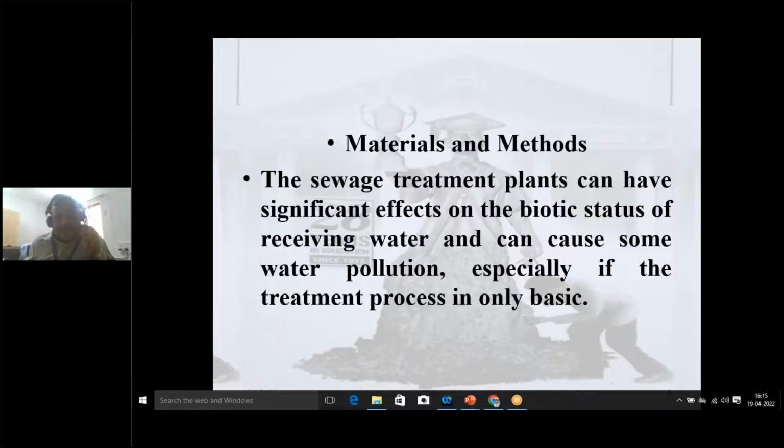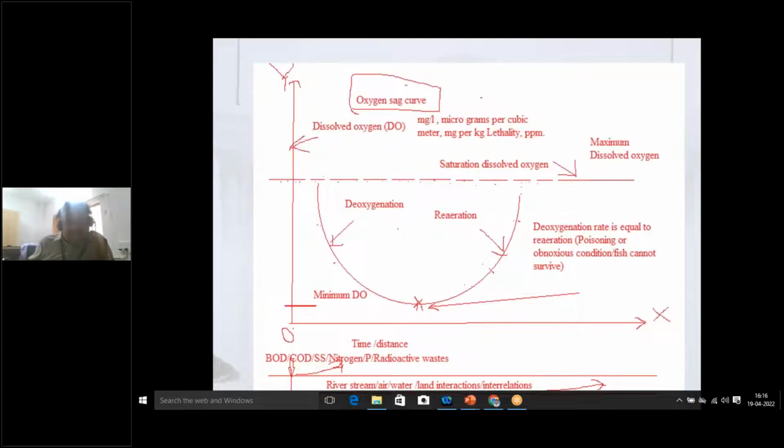In the materials and methods, the Chennai sewage treatment plants have considerable environmental effects on the biotic stress as well as receiving water, and can cause water pollution, eutrophication problems, nitrogen and phosphorus, and this will have environmental poisoning effects. So this is the deoxygenation and reaeration process.